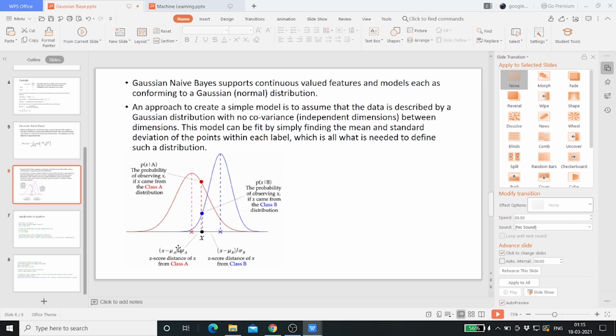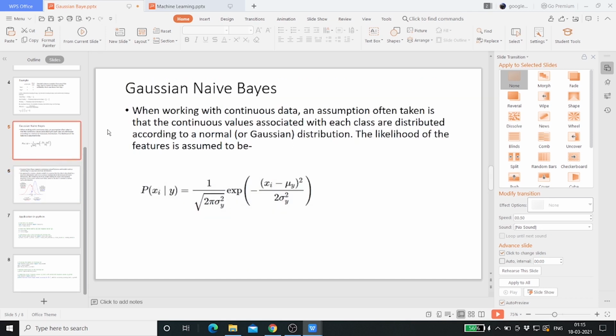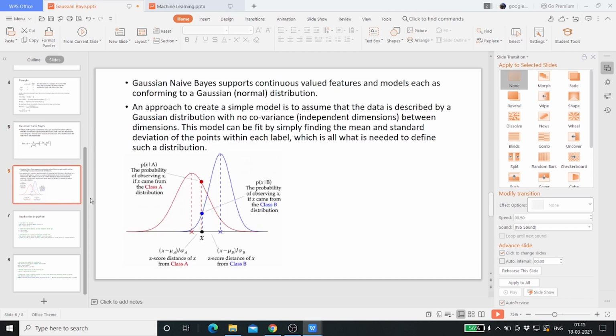In more technical terms, we can say how many standard deviation units above or below the population mean this data point is. So here in the formula we input the z-score.